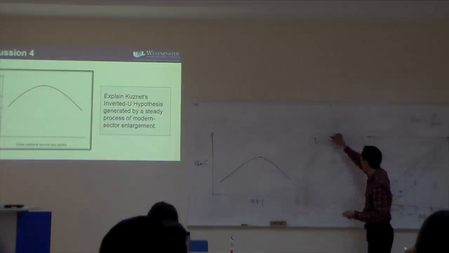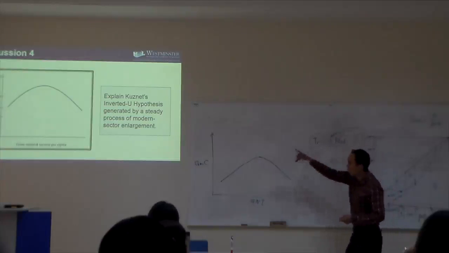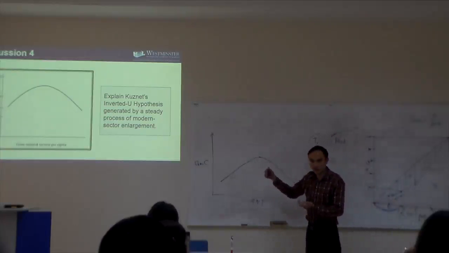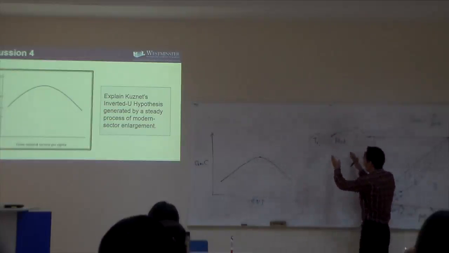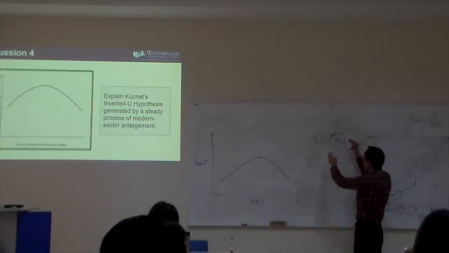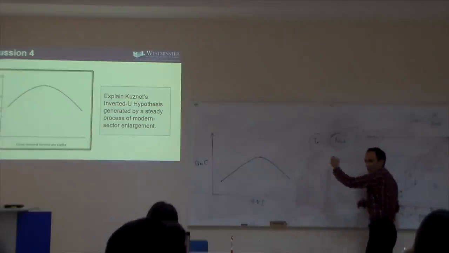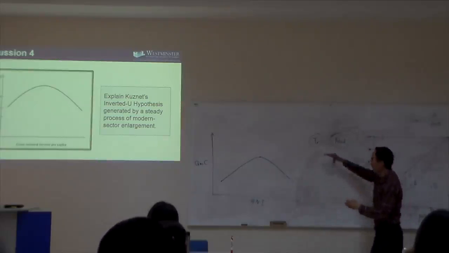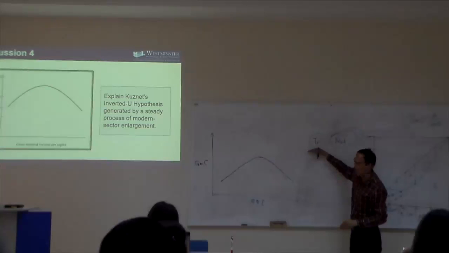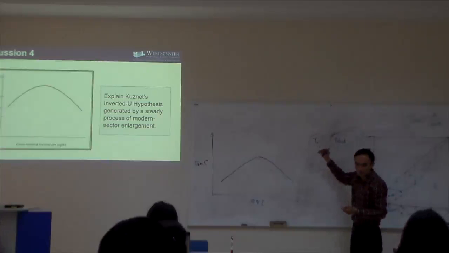Today you can easily say it's the modern sector, right? So modern sector enlargement means that the country is following that strategy. Now we have to enlarge our modern sector so our economy will grow, all right? While making no change in the traditional sector, or there is a bit of growth.